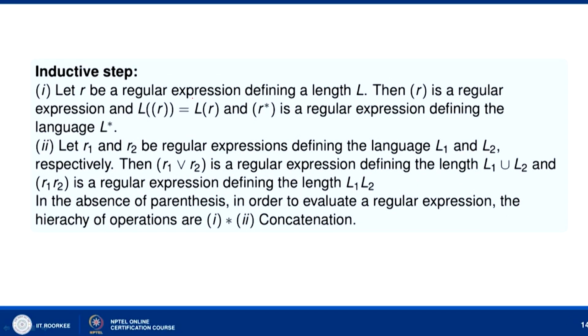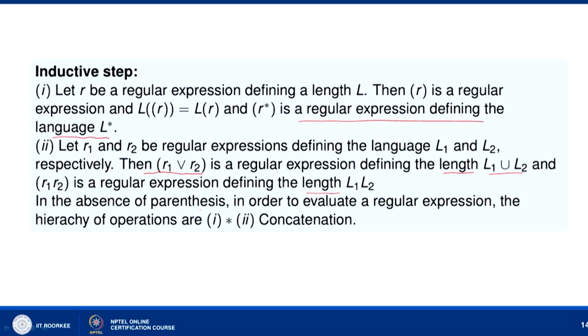Now, let R be a regular expression defining a language L, then (R) is a regular expression and L(R) is equal to L. R star is a regular expression defining the language L star. Let R1, R2 be regular expressions defining the languages L1 and L2 respectively, then R1 or R2 is a regular expression defining the language L1 union L2, and R1R2 is a regular expression defining the language L1L2.